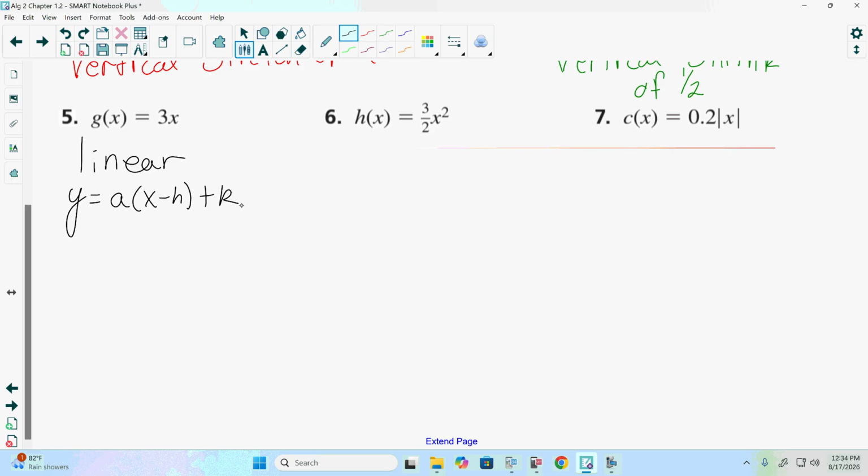Transformation is any movement, vertical stretch or shrink, horizontal stretch or shrink. We haven't covered that yet. Vertical stretch of 3. Yeah, that's it. All of this is a transformation. Would we have a reflection across the x-axis? No, it's not negative, so there is not one.